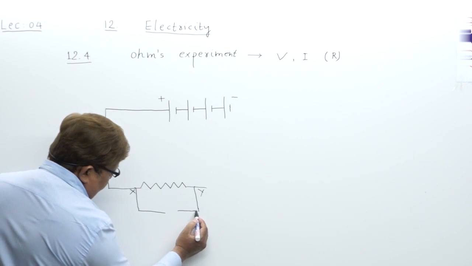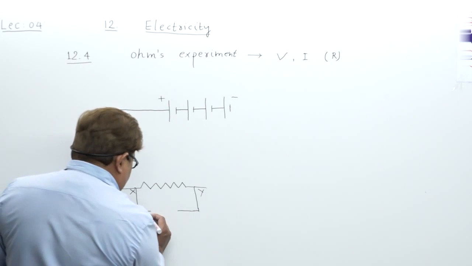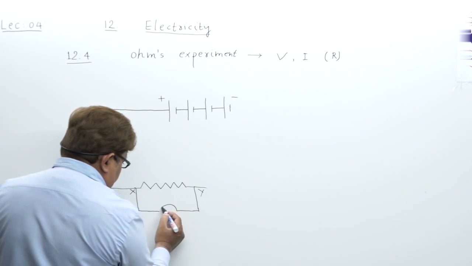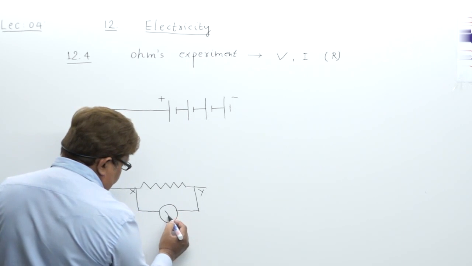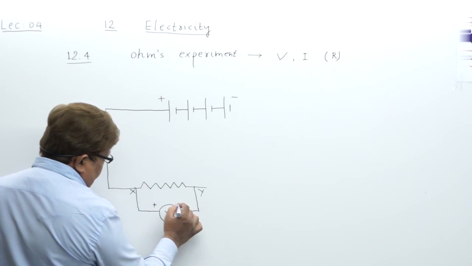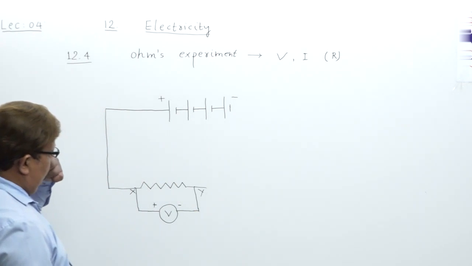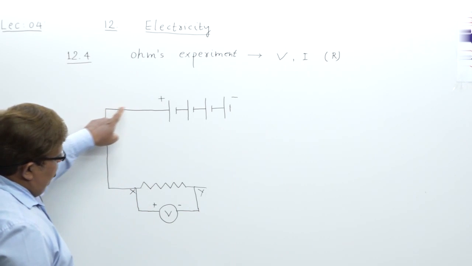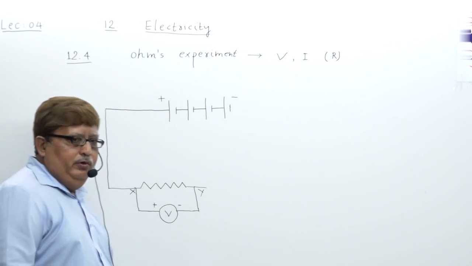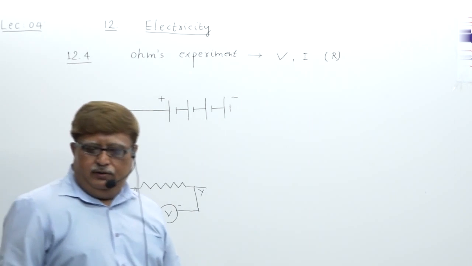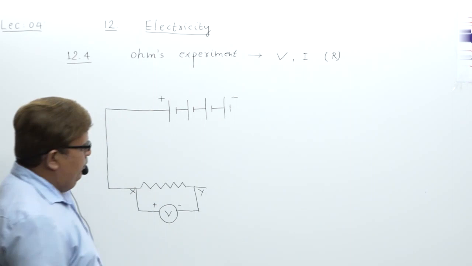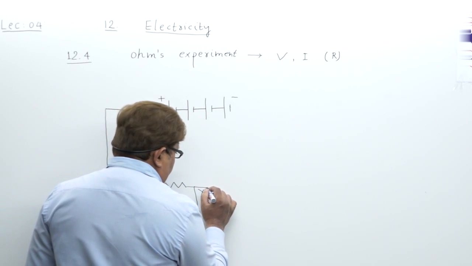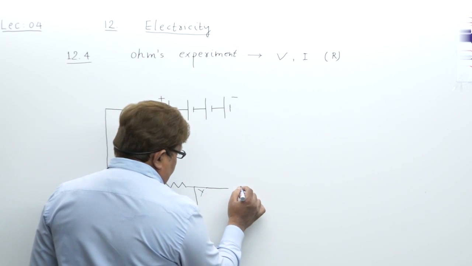Yesterday, if you can remember, I mentioned parallel connection means this. This is the voltmeter we are showing, positive and negative. My dear student, no mistake here. The positive end of the voltmeter should get connected with the positive end of the battery, that you should know. Understood? Now, to measure the amount of current, we will take an ammeter.